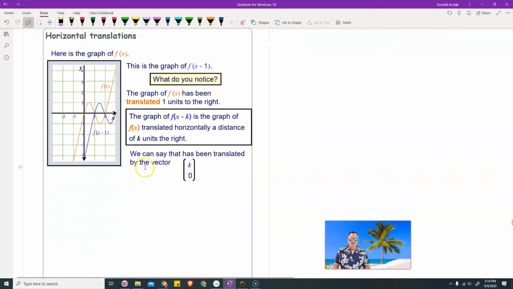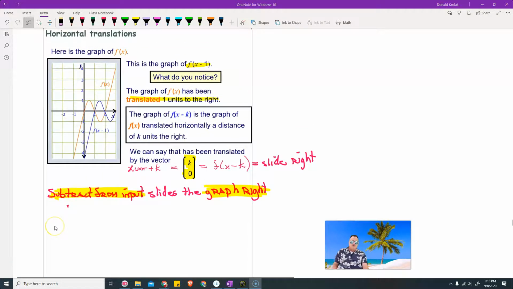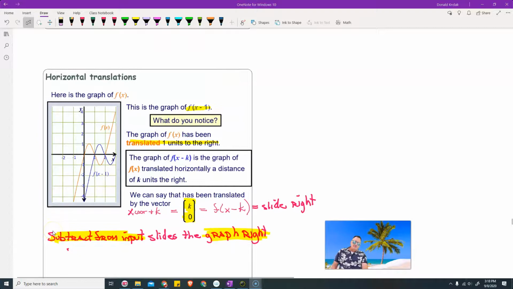And then the reverse of that would be, now I'm subtracting from the input, and that's actually taking the graph and sliding it right. It's going to move the graph to the right, even though it says -1. You're actually adding 1 to every x-coordinate.